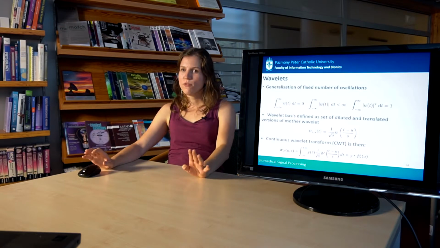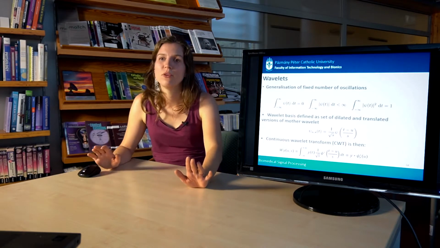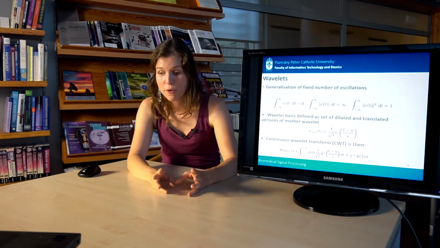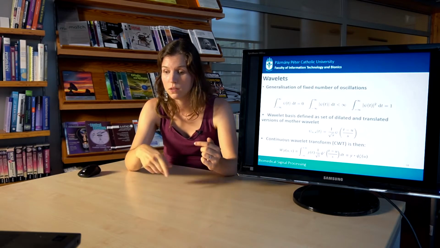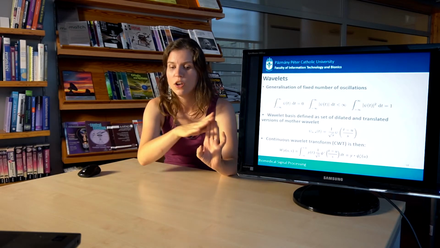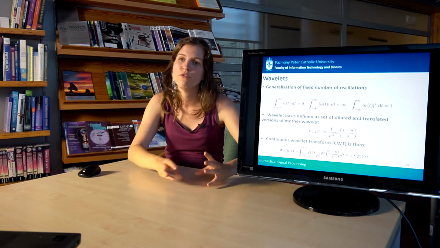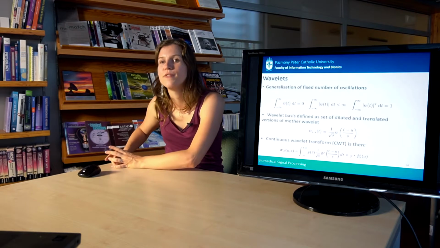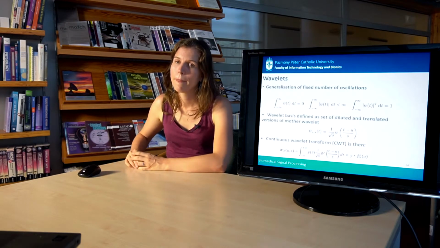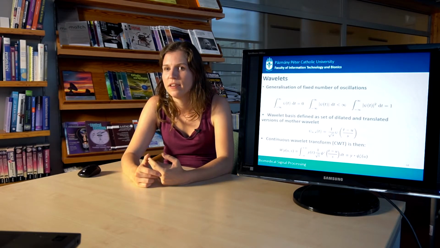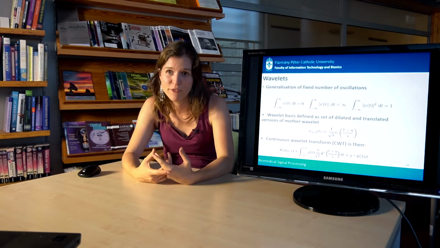So what we have done here is that we have the Gabor functions, which were these constant complex oscillations with some envelope on it, with some Gaussian window, and we have convolved our signal with this Gabor function. In wavelets, we have a so-called mother function.